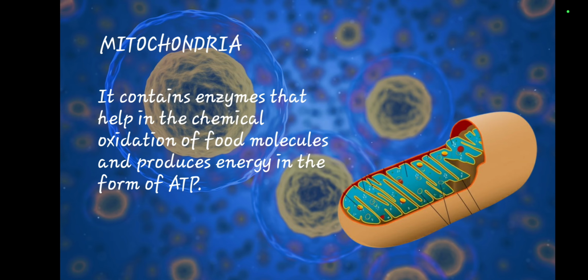For me, this part is the important one, aside from the nucleus, because it is the center of the cell. This part is also very important for me, because it is the powerhouse of the cell, and it is called mitochondria. Mitochondria contain enzymes that help in the chemical oxidation of food molecules and produce energy in the form of ATP. We can describe the appearance of mitochondria as a membrane-bound cell organelle.